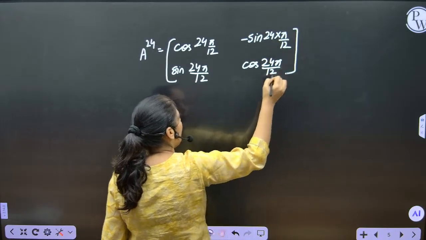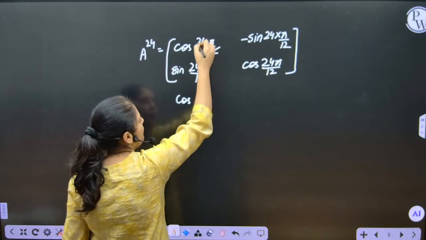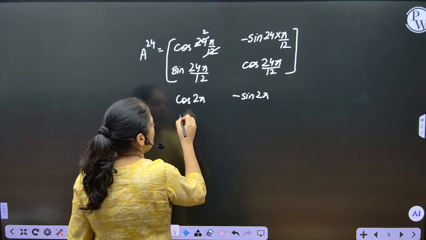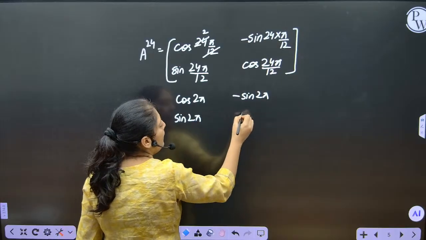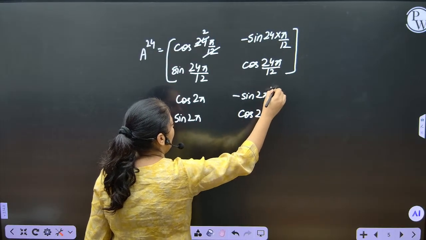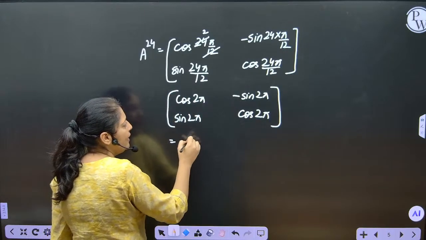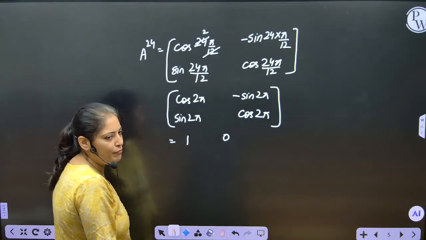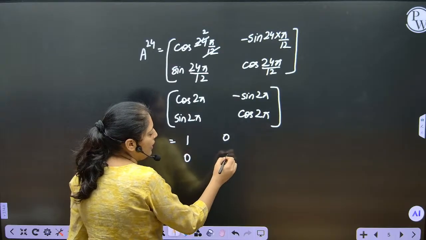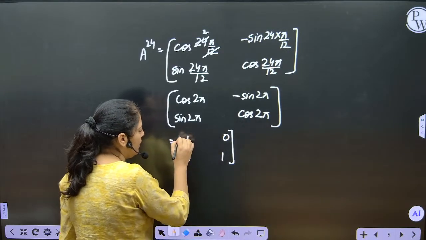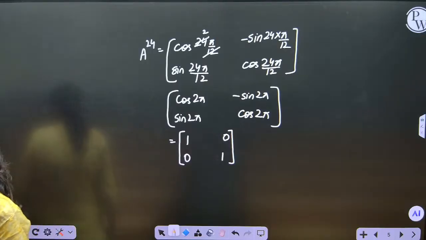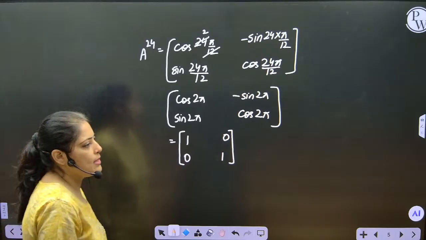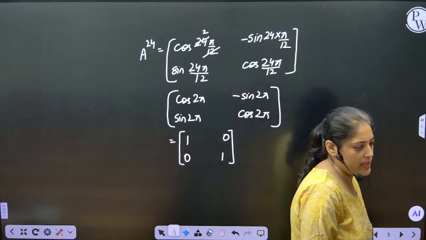So this is nothing but I am getting cos 12 twos are, so cos 2 pi, minus sine 2 pi, sine 2 pi, cos 2 pi. And these values we know directly. Cos 2 pi is 1. Sine at every interval of pi is 0, sine 0, and this will also become 1. So this is nothing but identity matrix coming, 1 0 0 1. So anyhow it is coming out to be identity matrix.